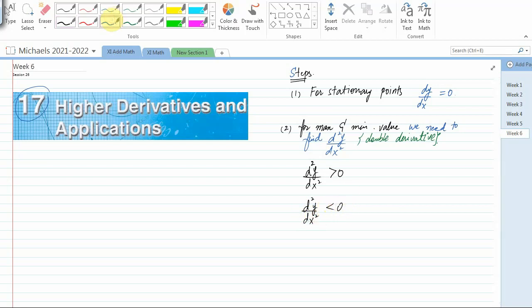If d square y upon dx square is greater than 0, that means the function has a minimum value. And if d square y upon dx square is lesser than 0, that means it has a maximum value. Alright, so these are the important conditions that we are going to use very often in this chapter.